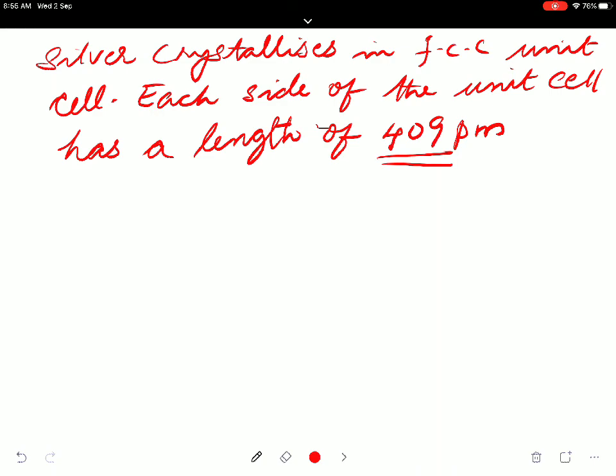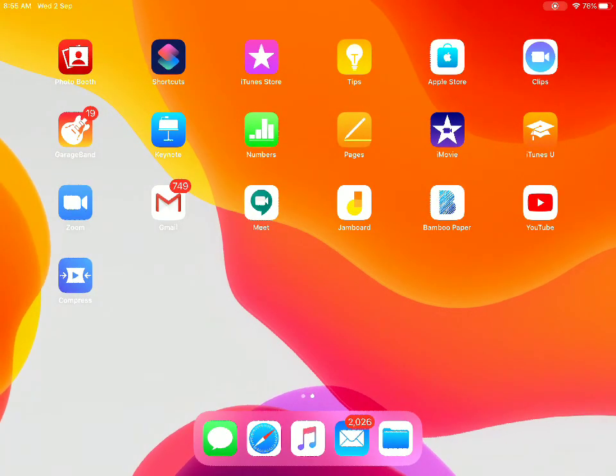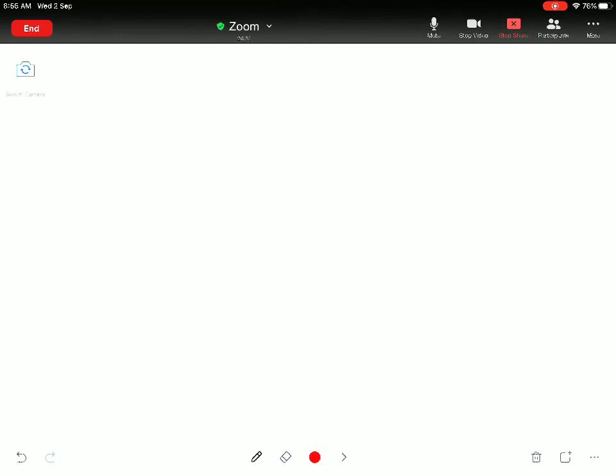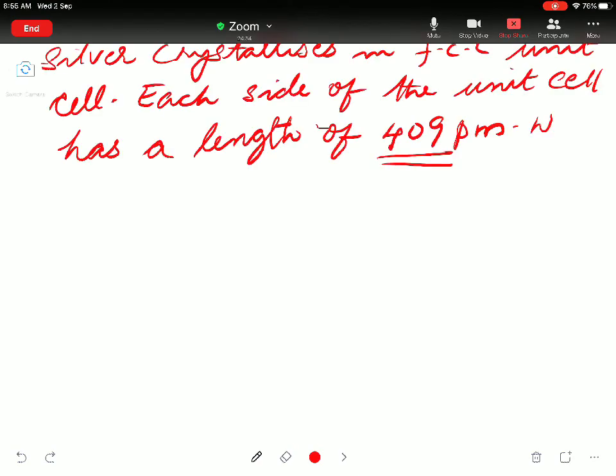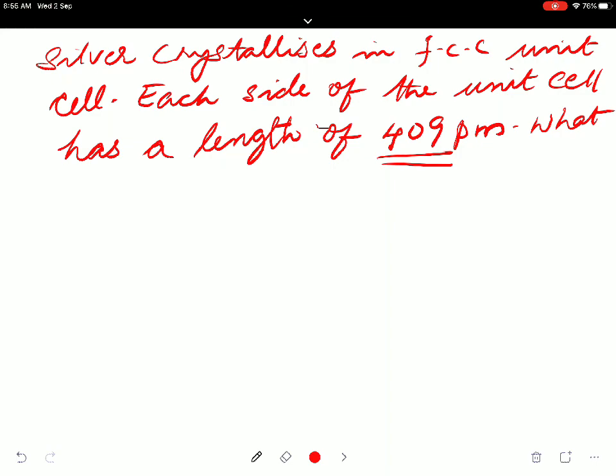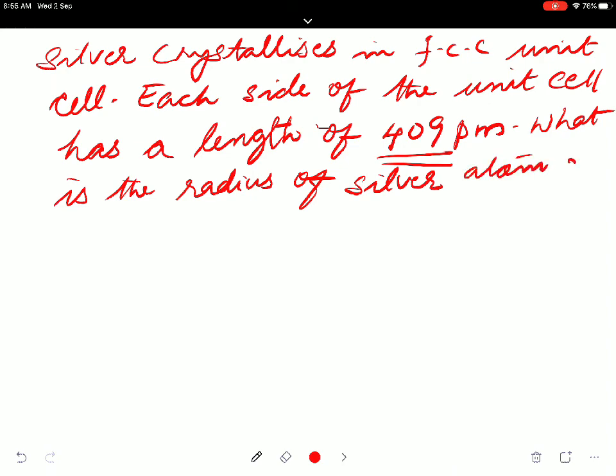What is the radius of silver atom? So FCC, so 4R is equal to root 2A.